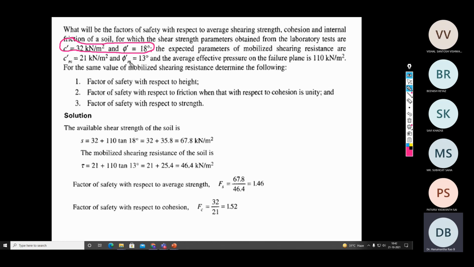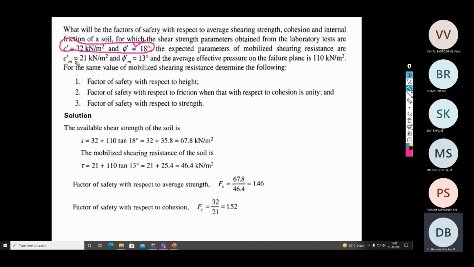Anybody? See here, I have given c dash and phi dash, c dash m and phi dash m. And I can determine the c dash and phi dash values by conducting the triaxial testing in the laboratory.